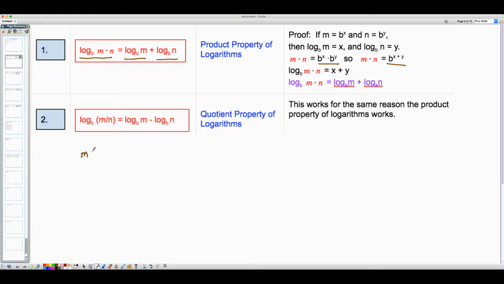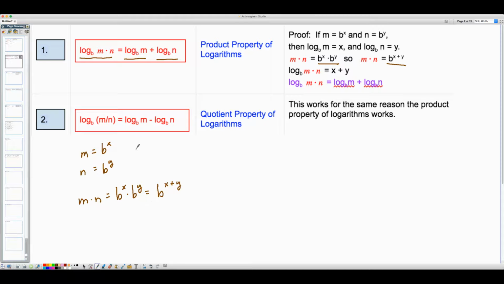So if I have m is equal to the base b raised to the x power, and I have n is equal to base b raised to the y power, I could say m times n is equal to the base b to the x power times base b to the y power. And our property of exponents, which is the product of the same base, you can add the exponents. So this is my equivalent here in exponent form.